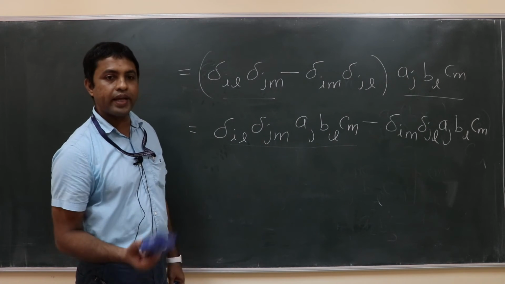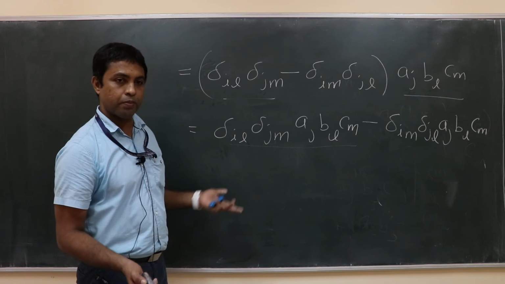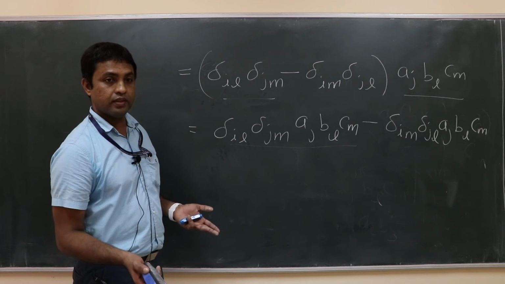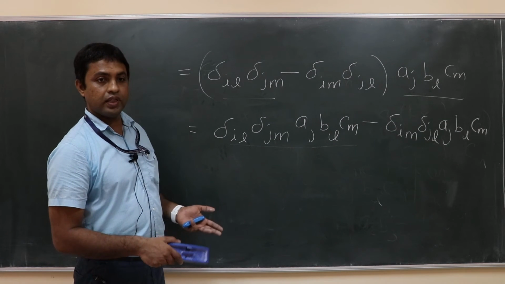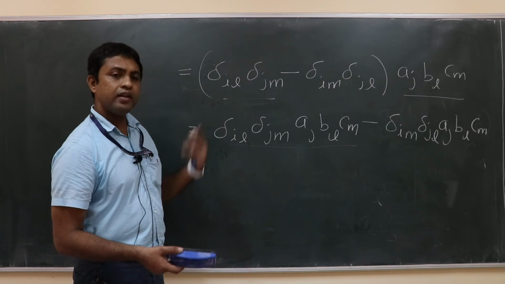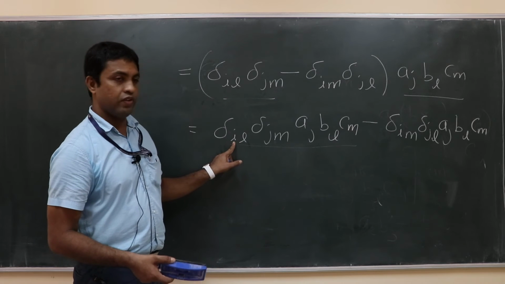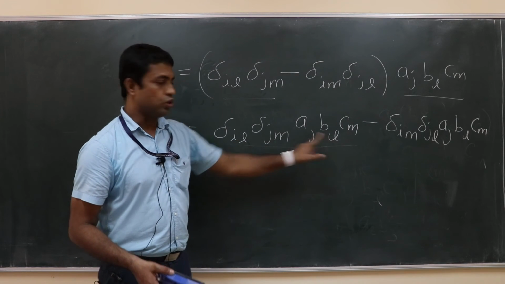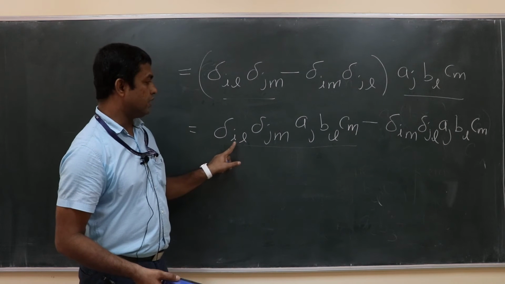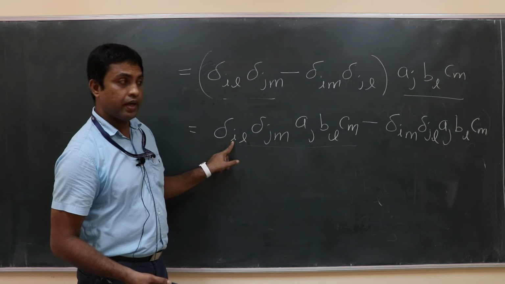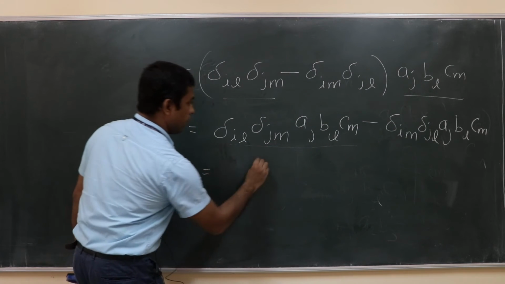You remember the rule I said yesterday: if there is a delta and one of the indices is summed over, I can remove that delta and replace that index with the second index of the delta in the expression. So delta IL: I is anyway free, L is summed over. So I should remove this delta and wherever L is appearing, keep I. So this will be Bi.